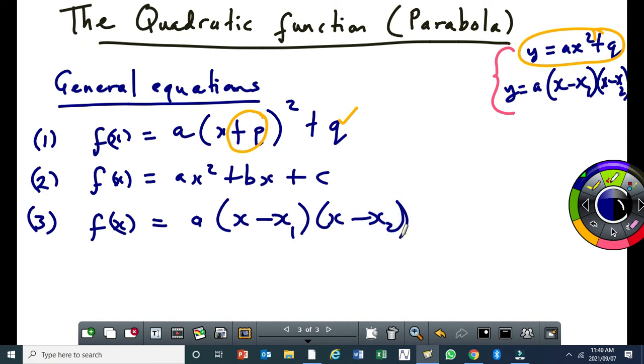So you need to know that in grade 11, and next year in matric, these three general equations of a quadratic function. I'm going to talk about each one by one, starting with number one, because it involves the concept of horizontal shift.